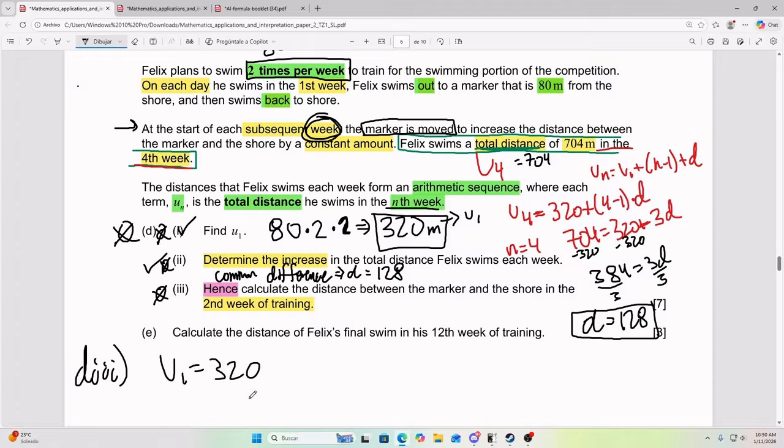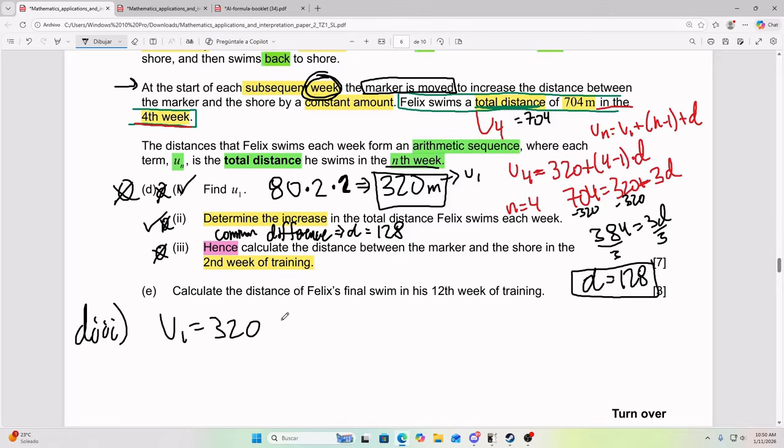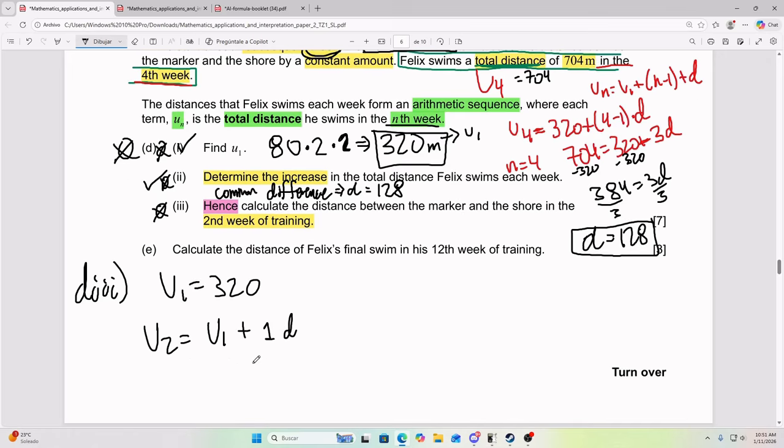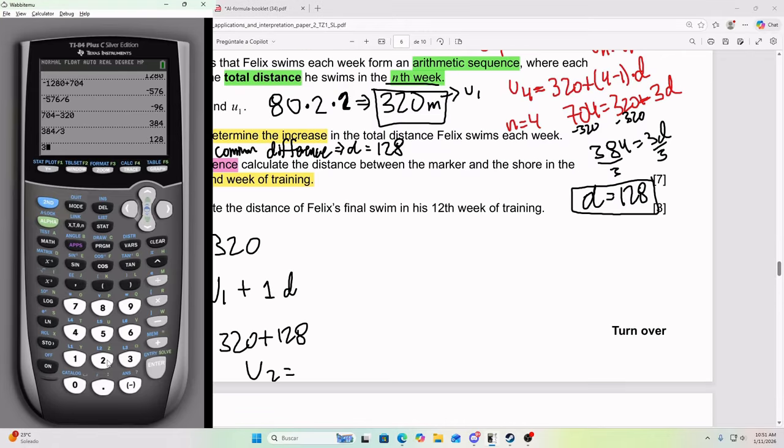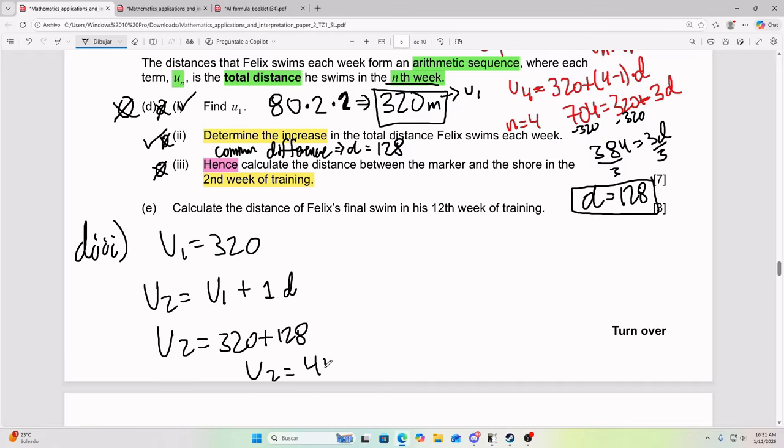And so that means that this was the total distance traveled, right? And for U2, it's simply going to be U1 plus one common difference. I mean, makes sense, right? So U1 plus 1d equals U2. So in this case, U2 ends up as 320 plus this 128, 448.